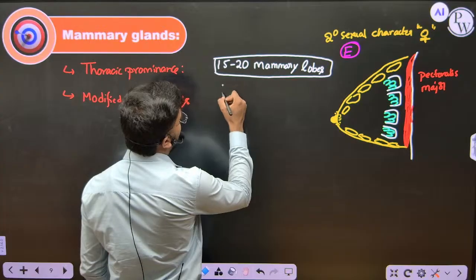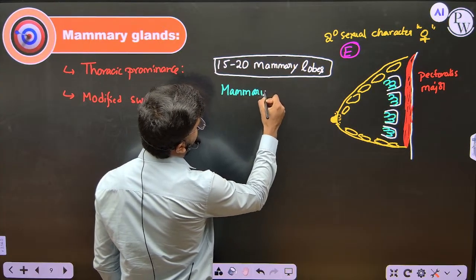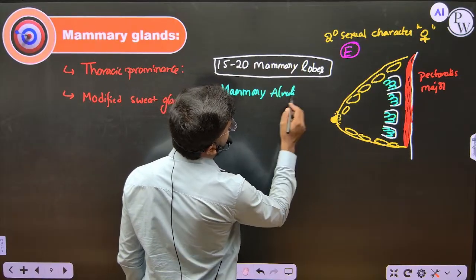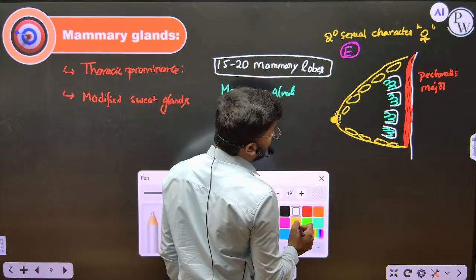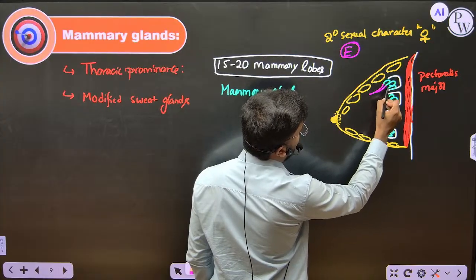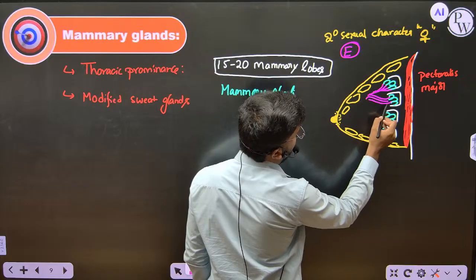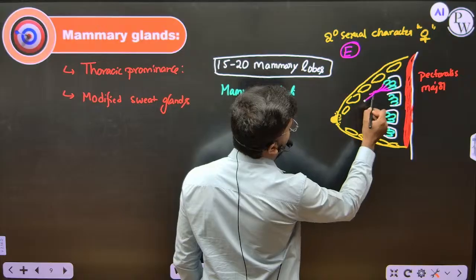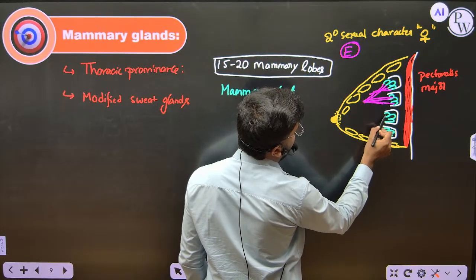So here, mammary alveoli are present. This mammary alveoli leads to mammary tubules, like this.